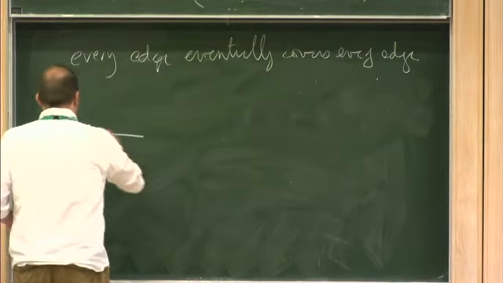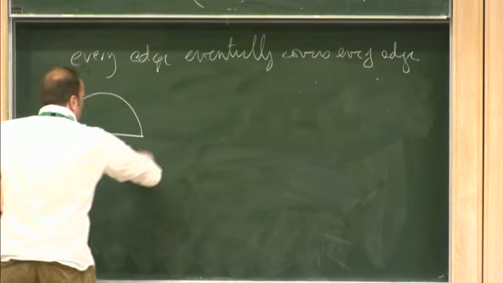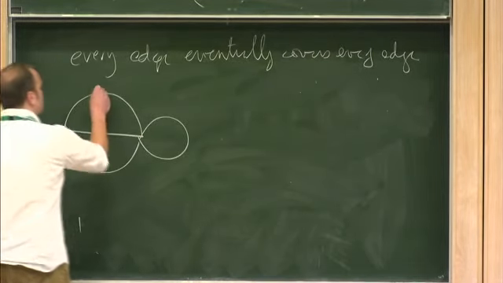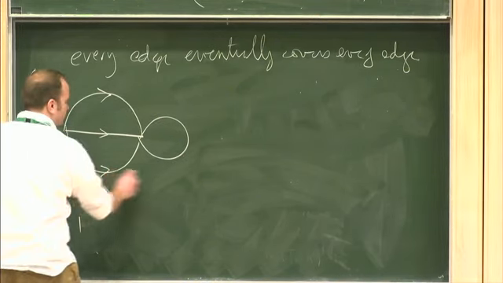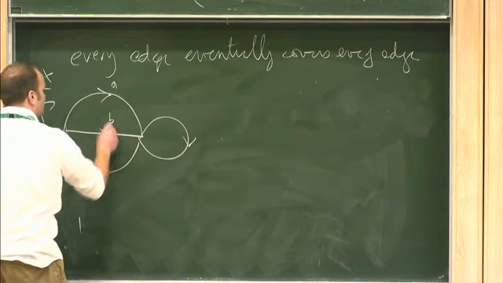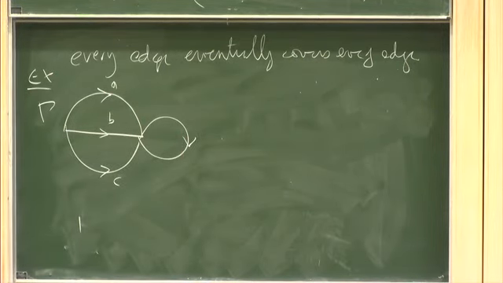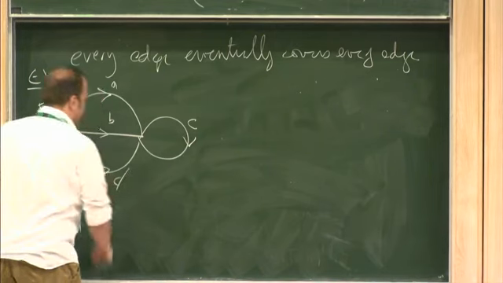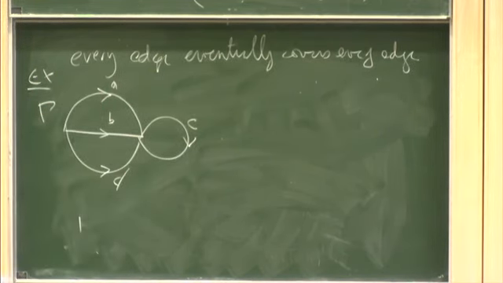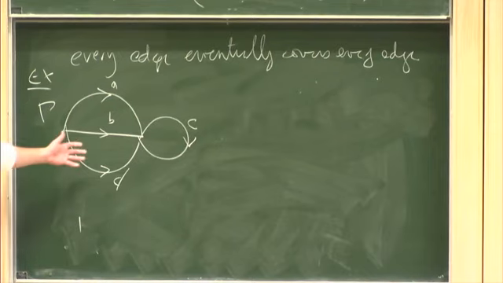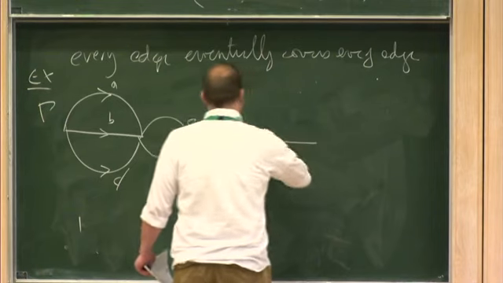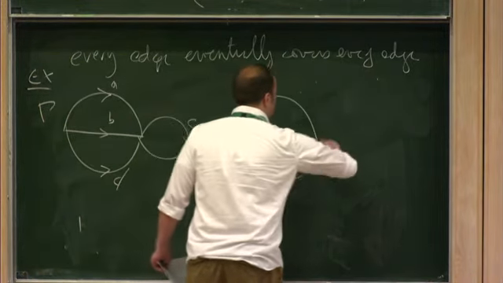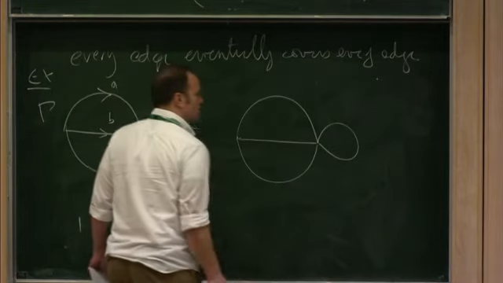This is my favorite example. So this is my graph gamma. Let me label the edges A, B, C, and D. And now, how can I describe a graph map? I can do this combinatorially by subdividing this graph.